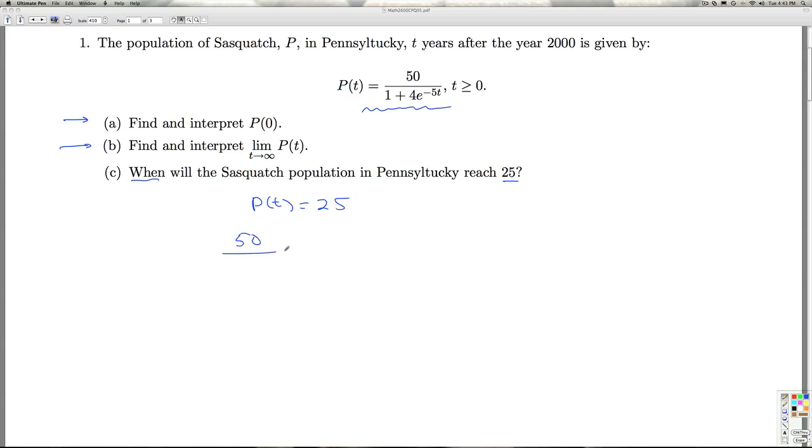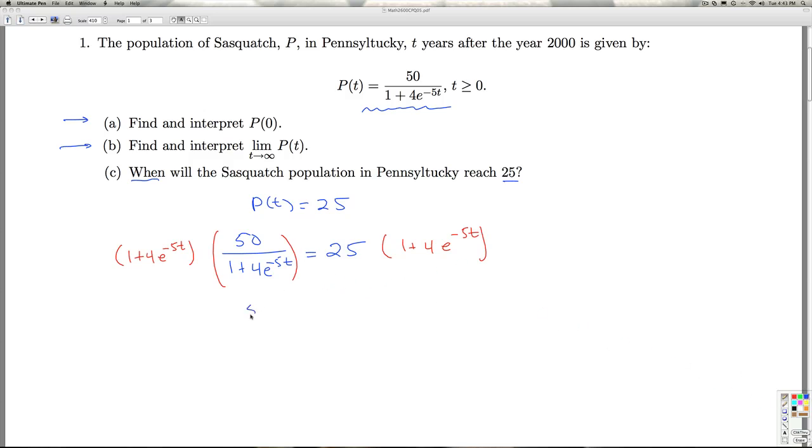So we have 50 over 1 plus 4e to the negative 5t is 25. The first thing we'll do is clear fractions, since we've got a t in the denominator there. So we'll multiply both sides by 1 plus 4e to the negative 5t.